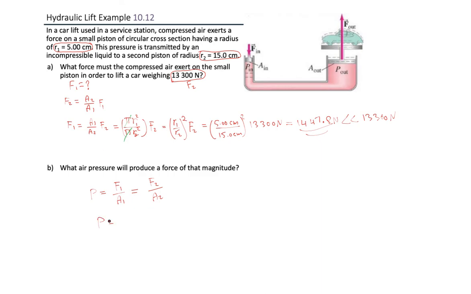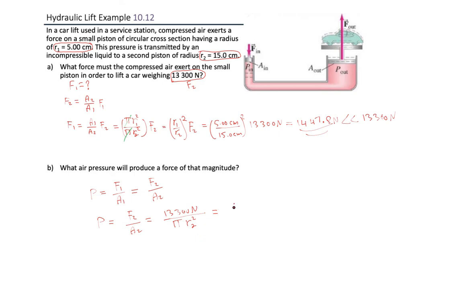So then pressure equals F2 over A2, and F2 is 13,300 newtons, and A2 is pi times R2 squared. Here we have to substitute R2 in terms of meters because the centimeters won't cancel.